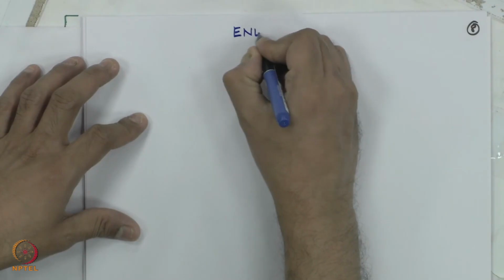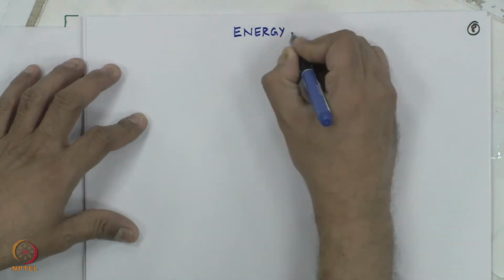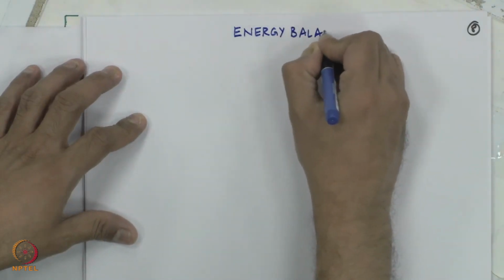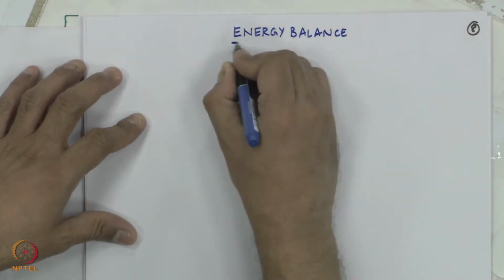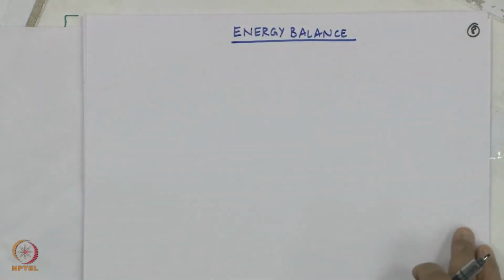Next, we are going to do what we call the energy balance, simple, effective, useful all through. Every student at the end of an undergraduate heat transfer course should be able to do this, meaning there are certain non-negotiable aspects that one needs to tell the student.